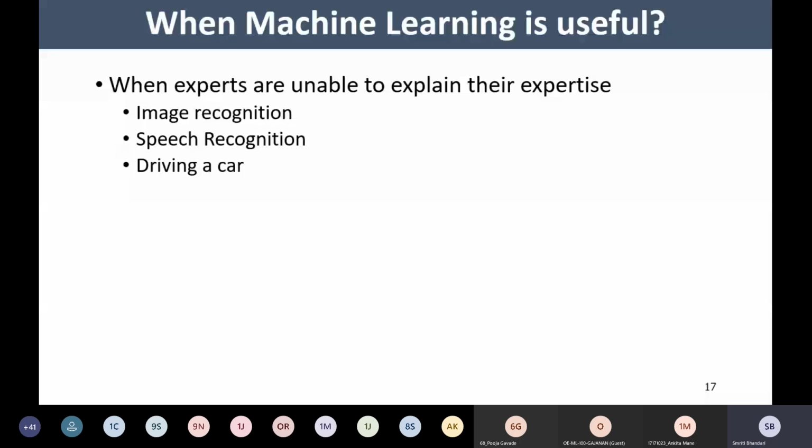If I ask you how you recognize a face, or how you are able to understand whatever I am talking right now, or how precisely to drive a car, is it possible to answer these questions precisely, or is it possible to define some kinds of rules?